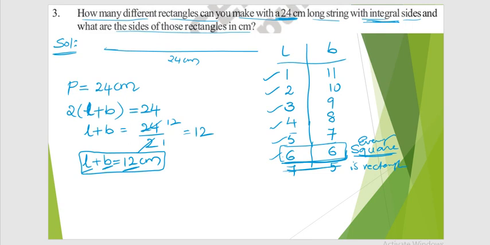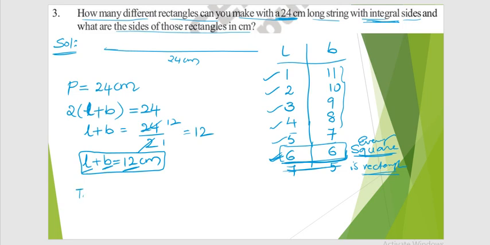So how many types of distinct sided rectangles are formed? If distinct is asked, then we will get only 5. But if we ask how many types of rectangles are formed, we can say they are 6, because 6 comma 6 is also a rectangle. So how many different rectangles can we make?